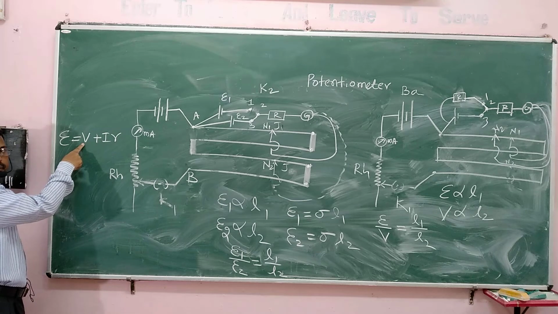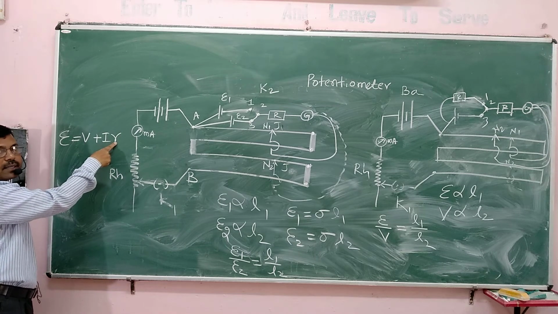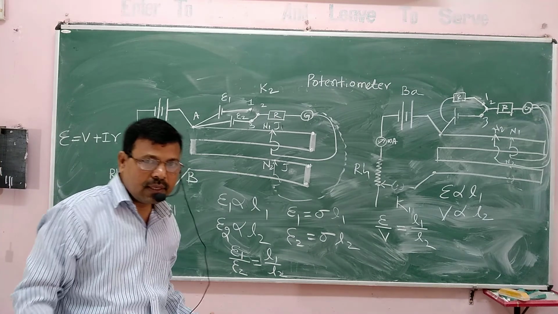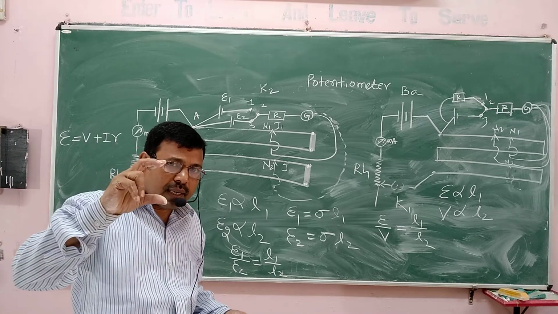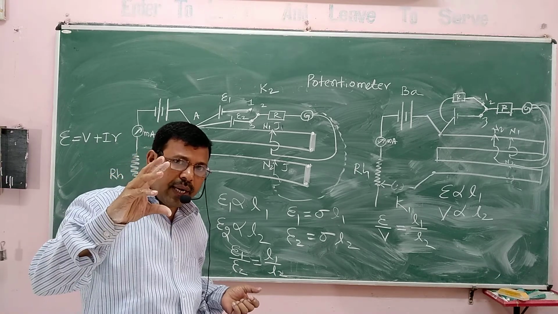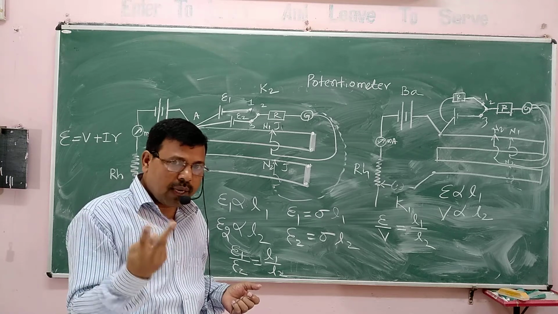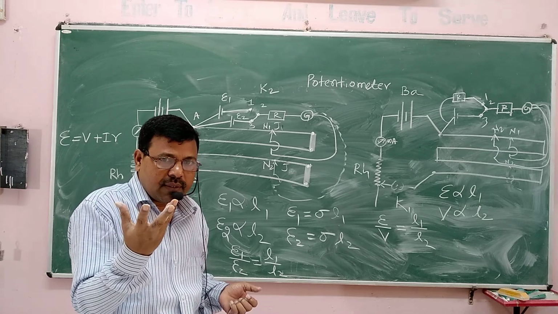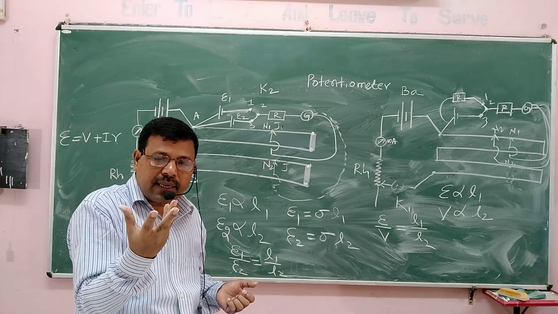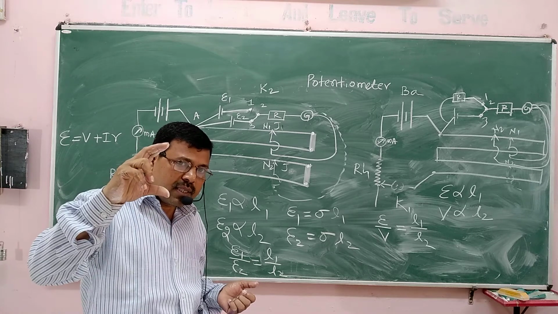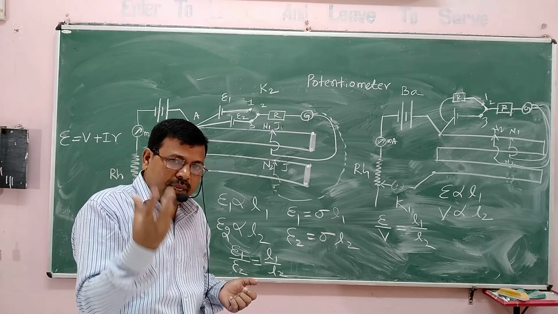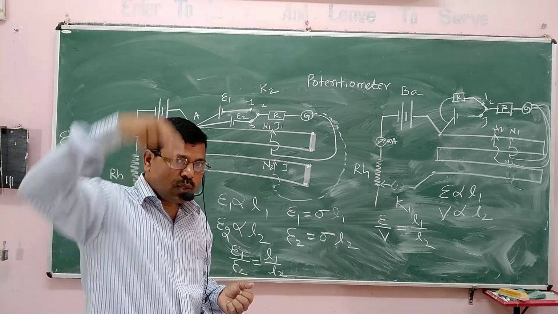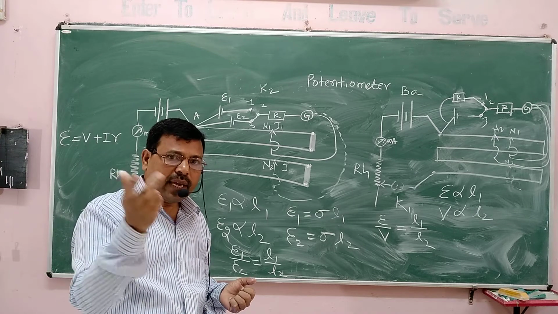V is the potential difference, I is the current, r is the internal resistance of the cell. What is internal resistance? As we know, the cell is made of an electrolytic substance and two electrodes. They have some resistance. They oppose the flow of current. Therefore, the cell has internal resistance. The internal resistance of the cell depends on the nature of the electrolyte used in the cell, and it also depends on the surface area of the electrodes.